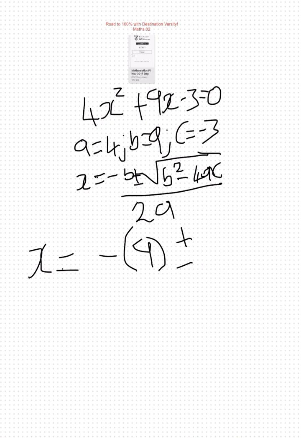Normalize opening brackets when you're substituting, because some students forget to open brackets and end up omitting the negative signs. It should be something that sinks within your DNA. B squared, that's your 9 squared.